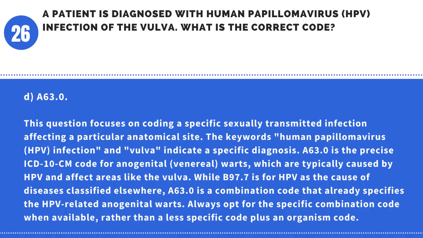While B97-7 is for HPV as the cause of diseases classified elsewhere, A63-0 is a combination code that already specifies the HPV-related anogenital warts. Always opt for the specific combination code when available, rather than a less specific code plus an organism code.